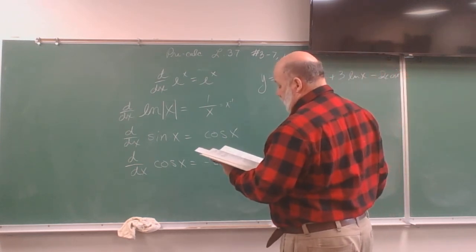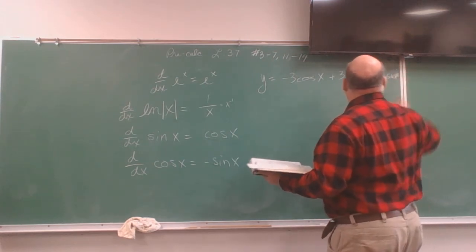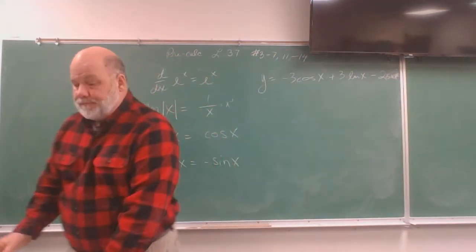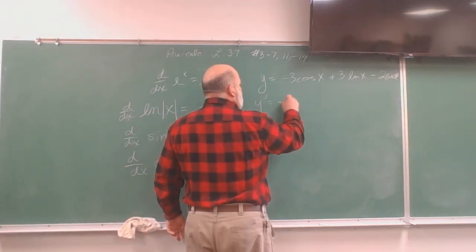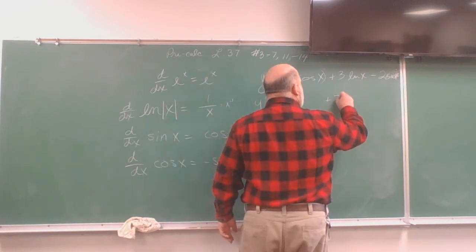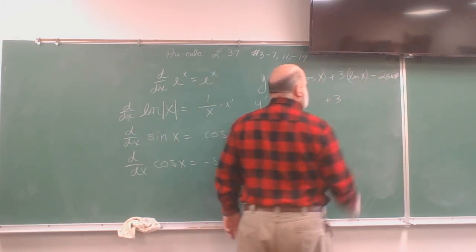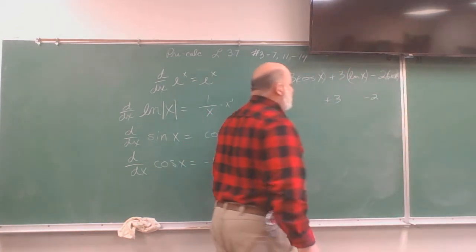I think I wrote that wrong. I was looking at the answer. Okay. Well, my answer will be negative 3 times the derivative of cosine x, plus 3 times the derivative of ln x, minus 2 times the derivative of sine x.